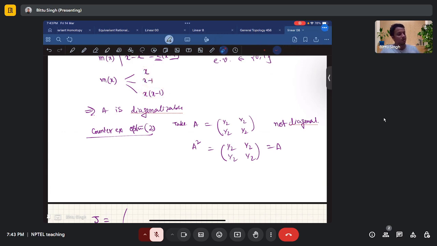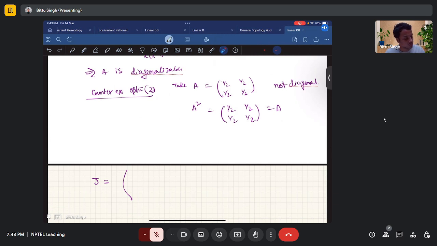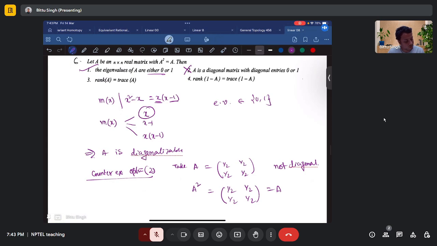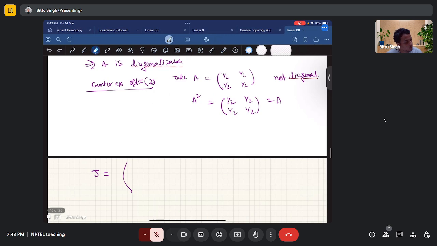For example, here the Jordan canonical form will be the identity, right? Because those are actually diagonalizable. So the Jordan canonical form will consist of some zeros and some ones. In one case all entries will be zero, in another all will be one, and there is another mixed case.